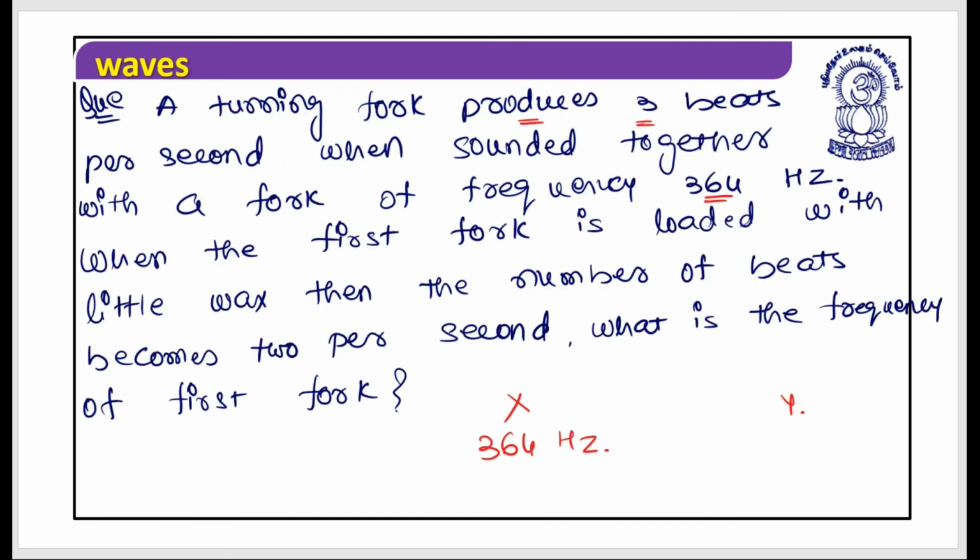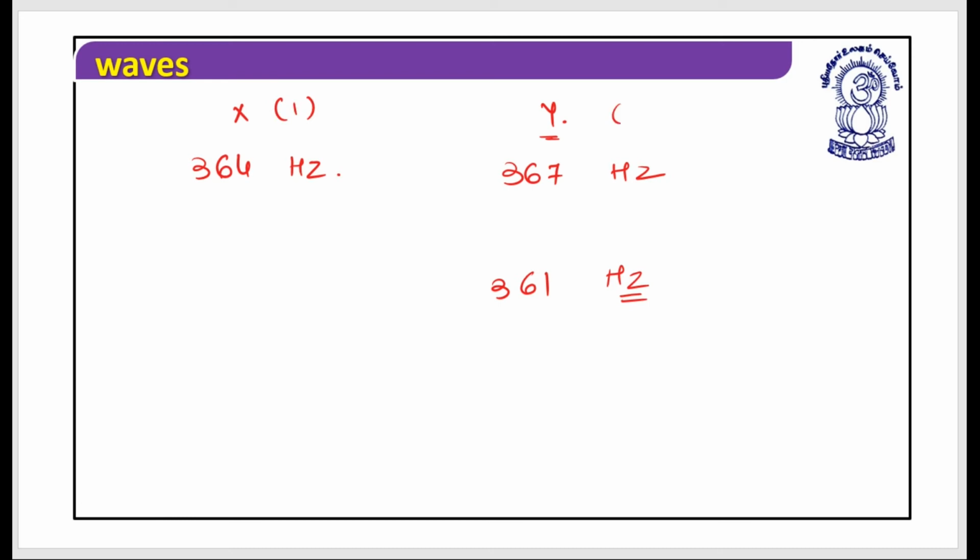Now, when the first fork is loaded with a little wax, the number of beats becomes 2 per second. Okay, great. So this is the first fork, this will be the second fork. If it is loaded with wax, that means inertia increases, and if inertia increases, frequency will decrease.